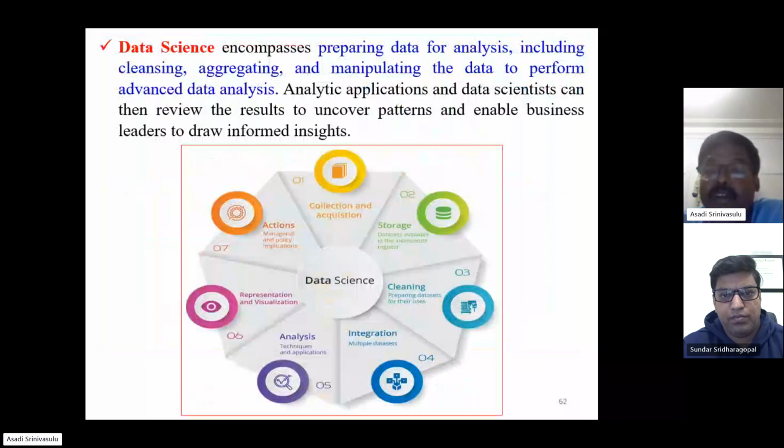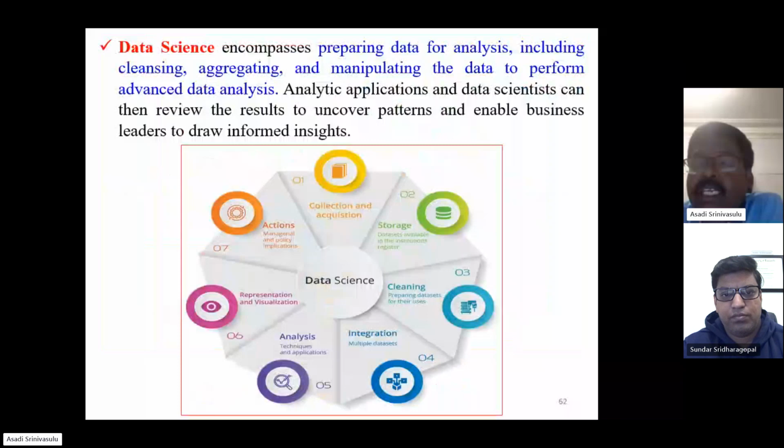Suppose name is equal to Sundar, age is equal to 35, and salary is minus $100. The system may not take it because it is inconsistent data. That's why we are doing pre-processing with techniques like box plot, binning, and a few more filters in order to make it information and meaningful data.